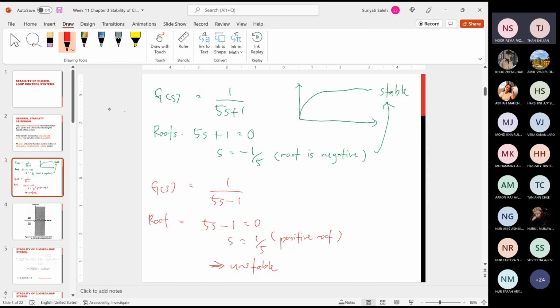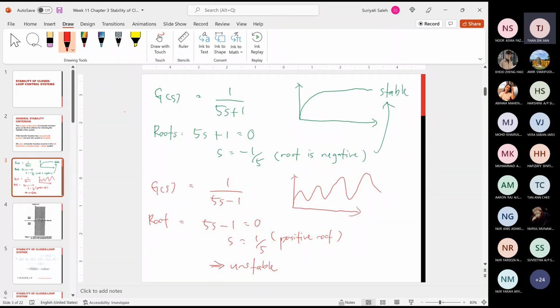So how does unstable look like? Normally when you have an unstable system, the response keeps increasing or oscillating, and it never reaches steady state.